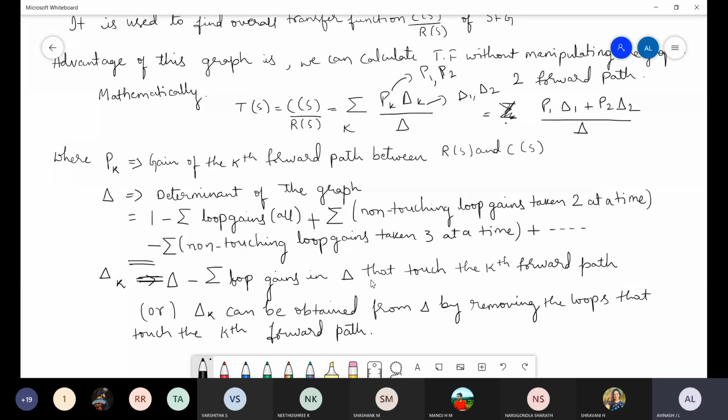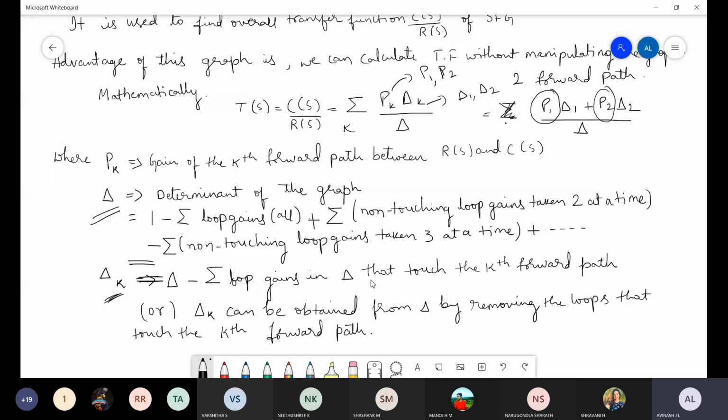So P1 gain, we know how to find out the P1, correct? So forward path, whatever the branch gains are there, we are going to take it. So path P1 gain, P2 gain and all is not a problem. So delta value can be found out by using this particular formula. So delta K also we can find out by using this particular formula. Now we will take one numerical.